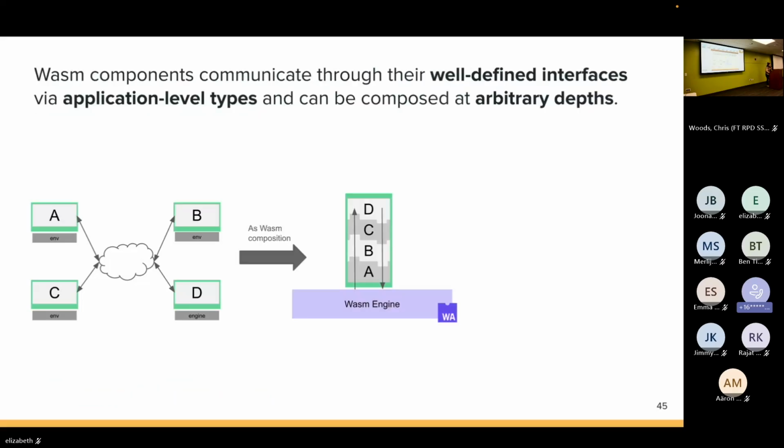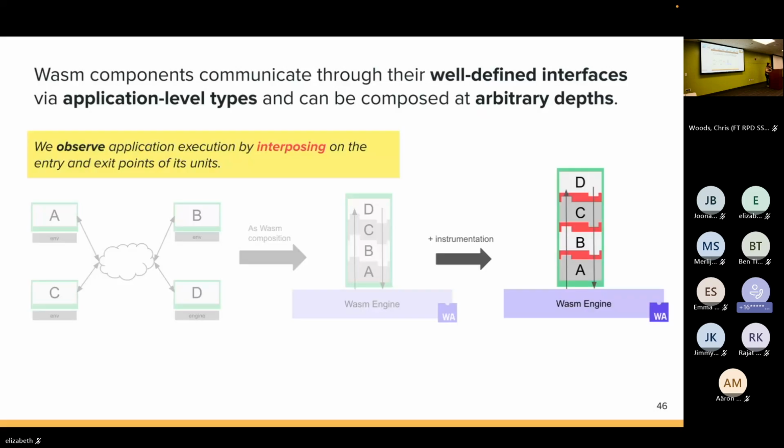But if we move into this composition idea, we would be able to do interposition, where we can target the communication, so the exit and entry points of these units that are communicating in process, with these kind of instrumentation layers. And operating in this way, we also have high application level types, which gives you really nice semantic information about what actually is happening and flowing between these upstream and downstream components.